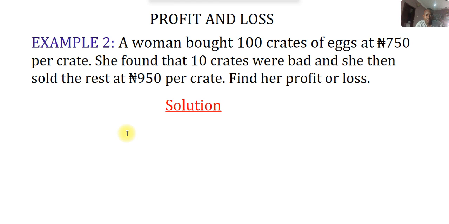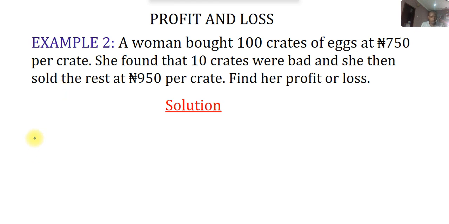Now she found that 10 crates were bad, and she then sold the rest at 950 naira per crate. So our duty here is to find whether she made a profit or loss. So let's dive into it.